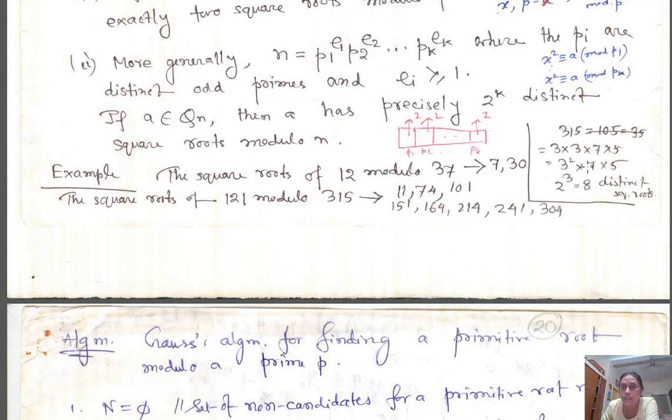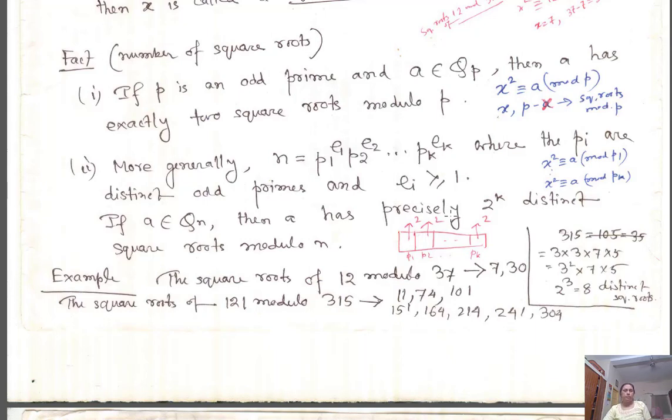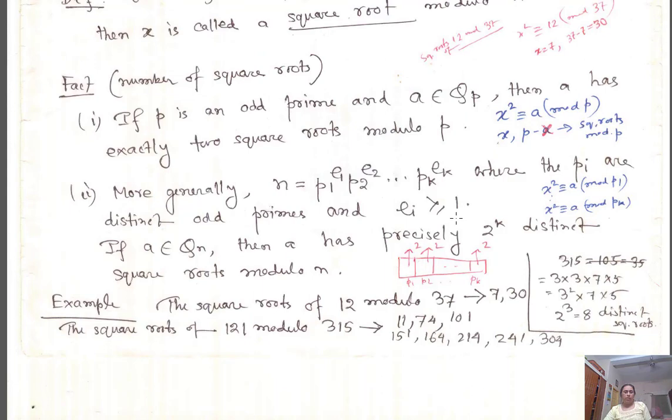We have 3 distinct primes, so 2 to the power 3, 8 distinct solutions, and these are the solutions. Okay, so these are the basic number theory facts. Some proofs I will cover in subsequent classes.